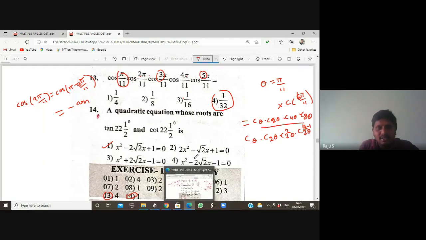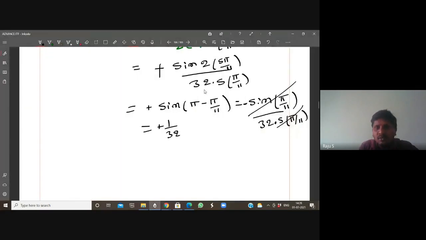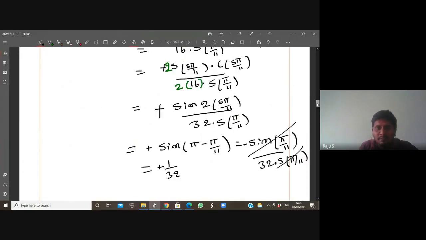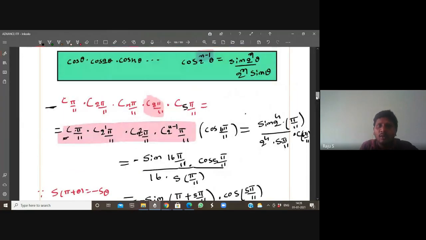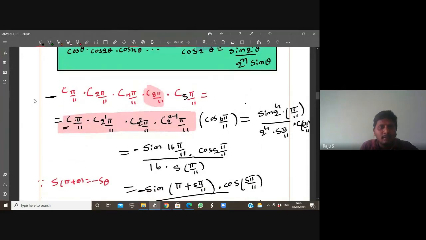Okay, next, is it clear? I just used that formula and simplified. Otherwise, what to do in the general procedure? Multiply and divide by 2 sine pi by 11.